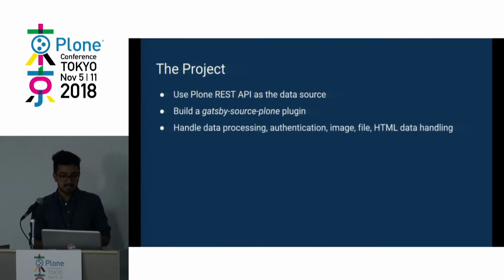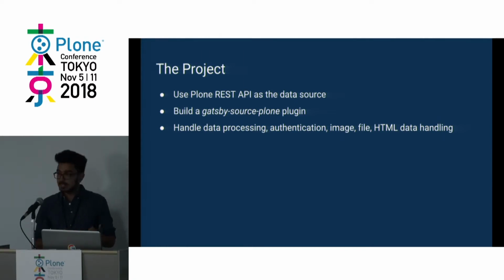Then there are a couple of things that we added as features. These features are basically must-haves, but they're still considered features. You have to have some data processing, because the data you directly get from the REST API can't be used as is in a Gatsby site. And we want it to be optimized so that a developer on Gatsby can do it in the quickest and smoothest way possible.